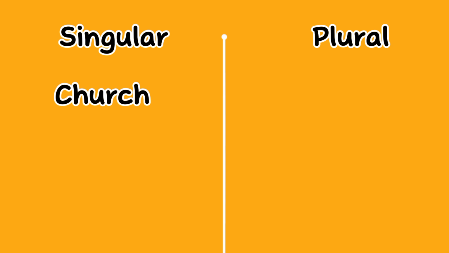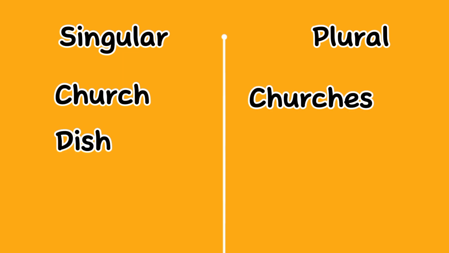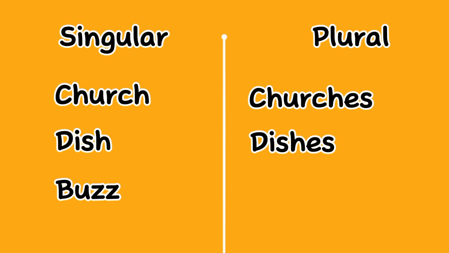Church. You add ES at the end to have churches. Dish. You add ES at the end to have dishes. So that is rule number 2. You add ES for words that have S, SS, CH, SH, and X at the end.